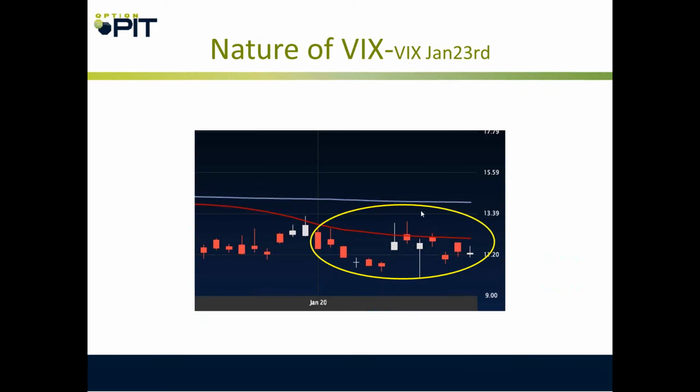Okay. Now here's what I want you to notice. We looked at a trade from the 23rd. Do we care what VXST is doing? That's the 9-day VIX. I think it's a lovely indicator, Scott.